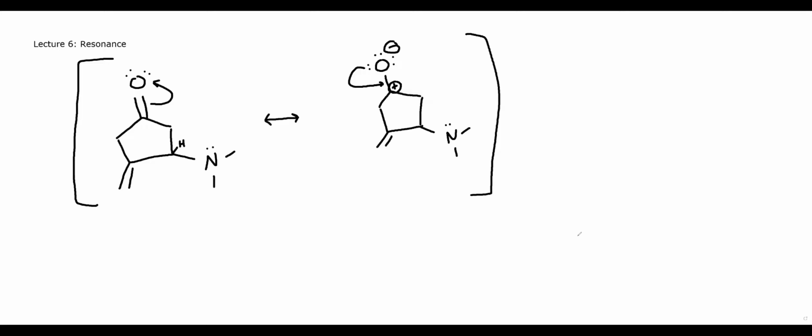If we have a lone pair or a positive charge adjacent to a double bond, for example, there's resonance. So we show that movement of electrons with a double-headed arrow. And when you draw those arrows, you have to make sure you don't interrupt the single bonds and you don't draw anything with 10 electrons. Okay. If you can do that, you're in good shape.